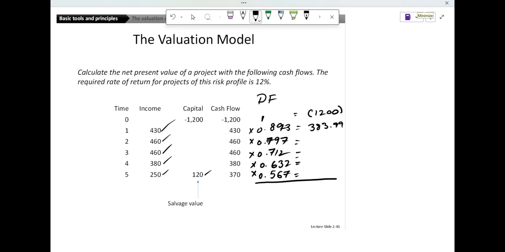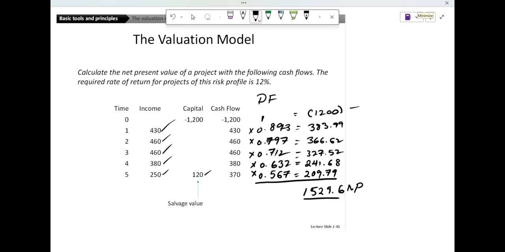Then 383.99, 366.62, 327.52, 241.68, 209.79. Now if I add all of them, remember there's a minus figure. The rest of the 5 figures are positive, and the final answer is 1529.6.